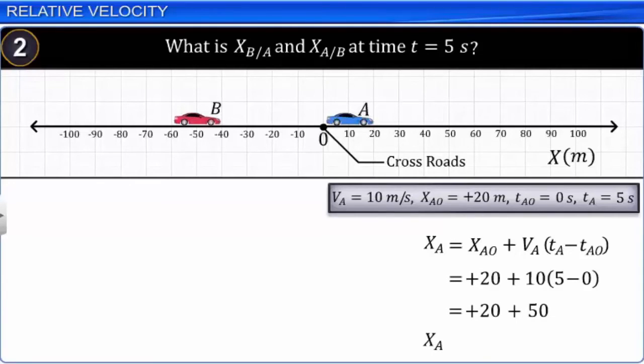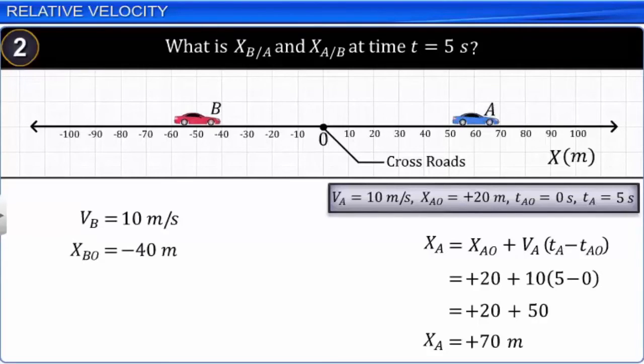Calculating for XB, here VB is equal to 10 meters per second. XBO is equal to minus 40 meters. TBO is 0 seconds and TB is equal to 5 seconds. XB is equal to XBO plus VB into TB minus TBO.